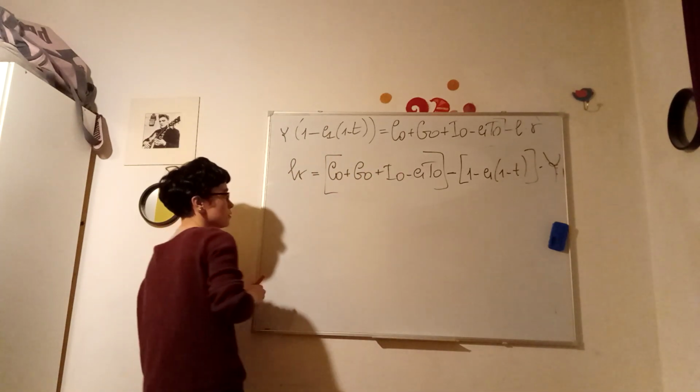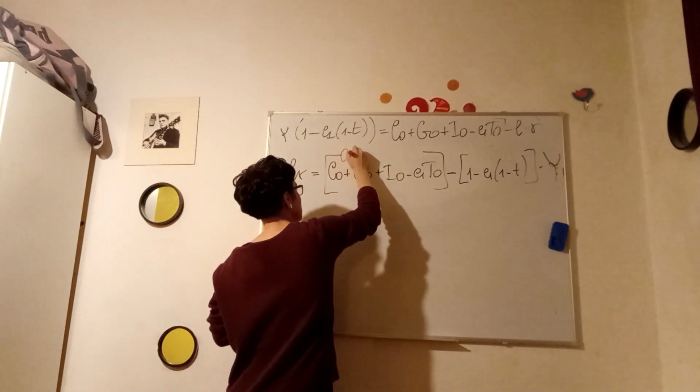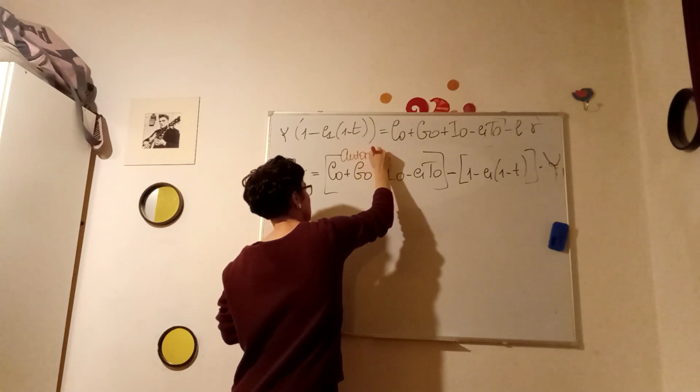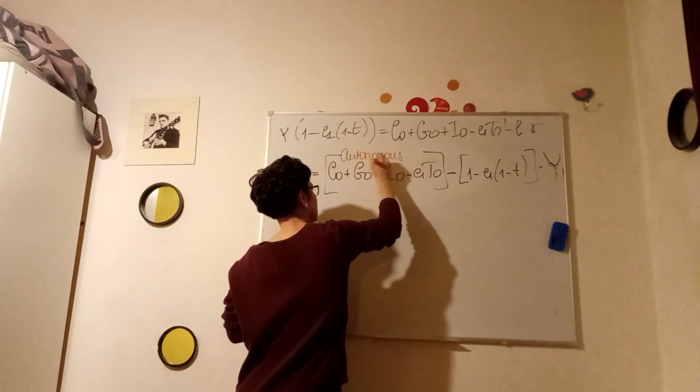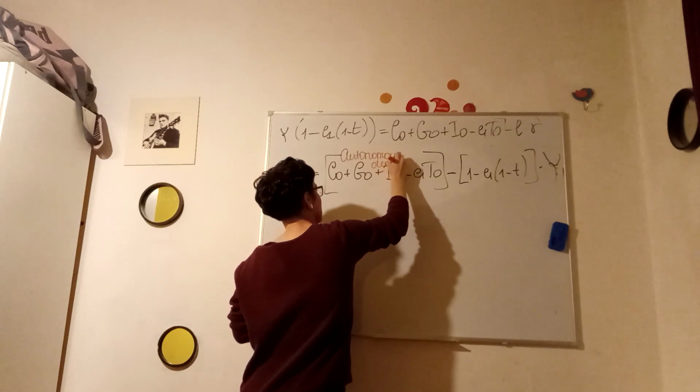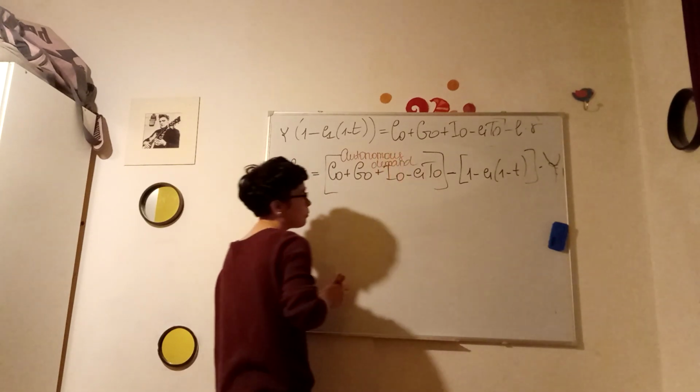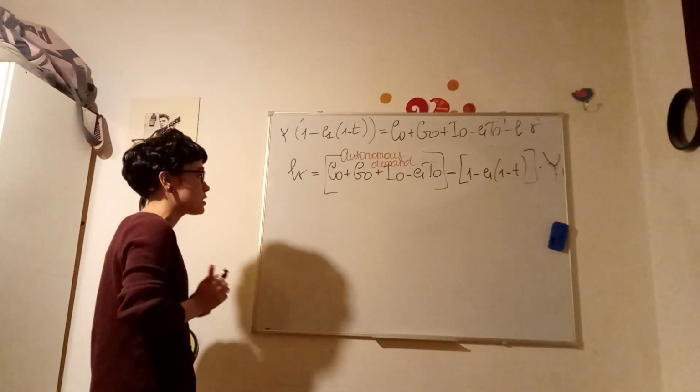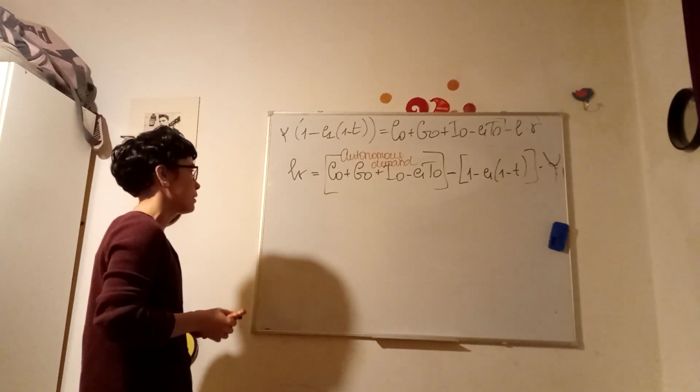As you remember, this part is called autonomous demand. This is just the component of aggregate demand which does not depend on the level of income.